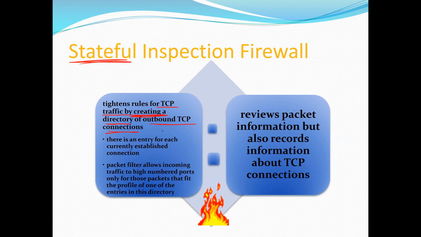So there's an entry for each currently established connection, and then the packet filter allows incoming traffic to high-numbered ports only for those packets that fit the profile of one of the entries in the directory, right? So that's really the idea, that you're keeping some kind of track of what's going on.